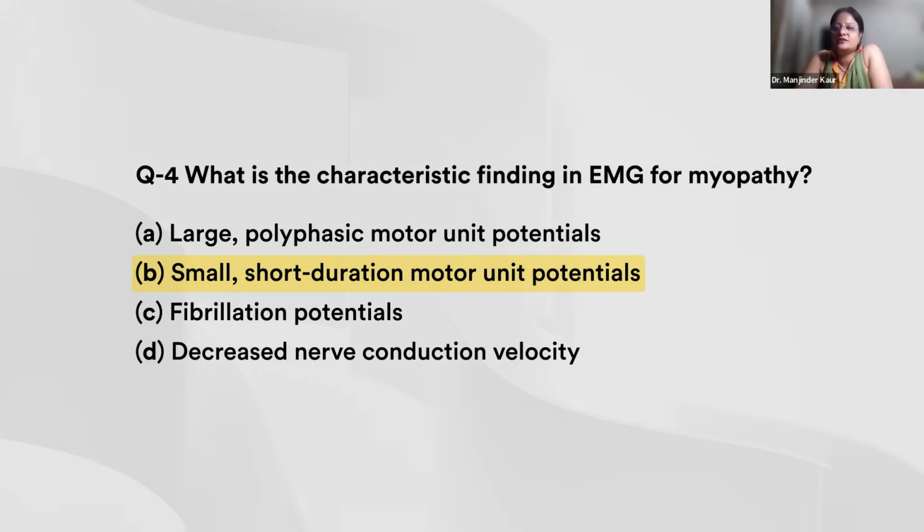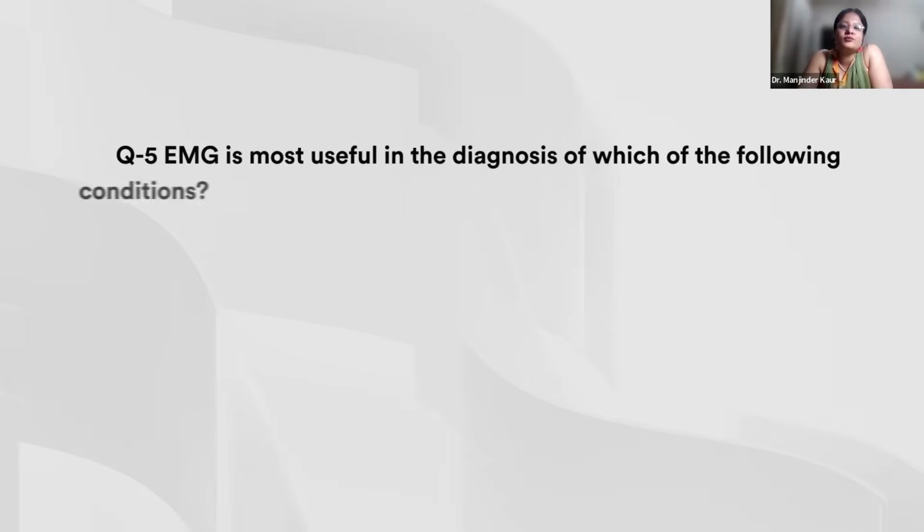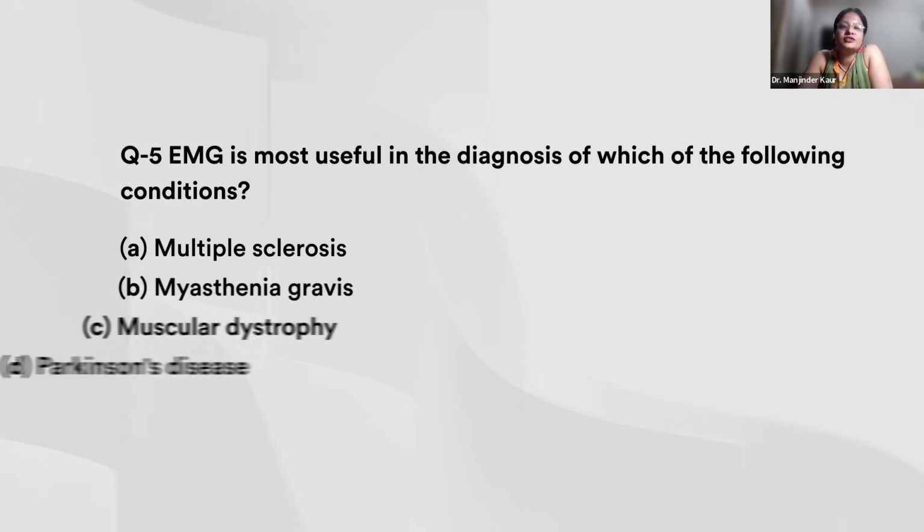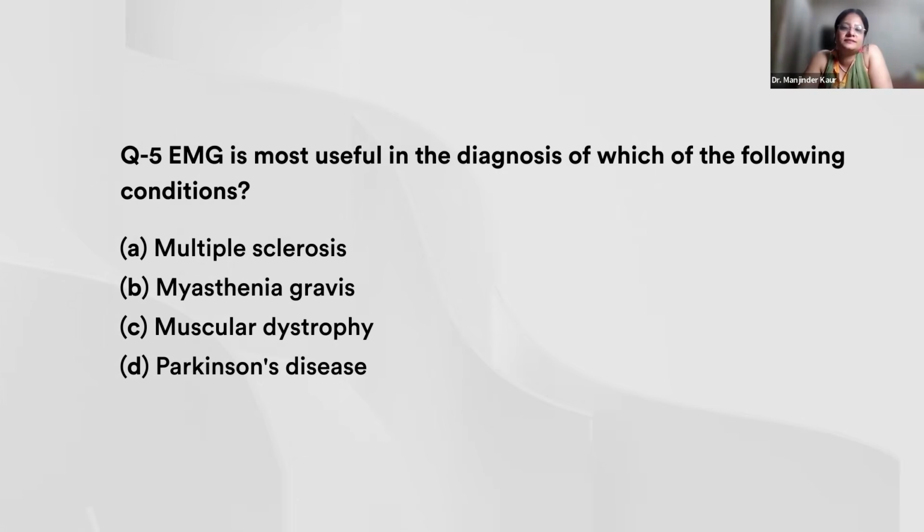Let's move to the last question. EMG is most useful in the diagnosis of which of the following conditions? For myasthenia gravis, I did not talk about myasthenia gravis because we would do the repetitive nerve stimulation. That is the diagnostic test for myasthenia gravis.